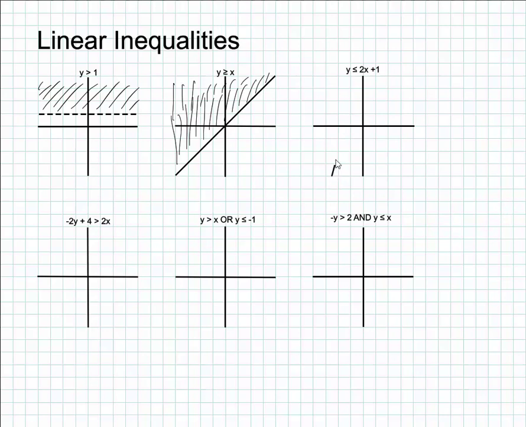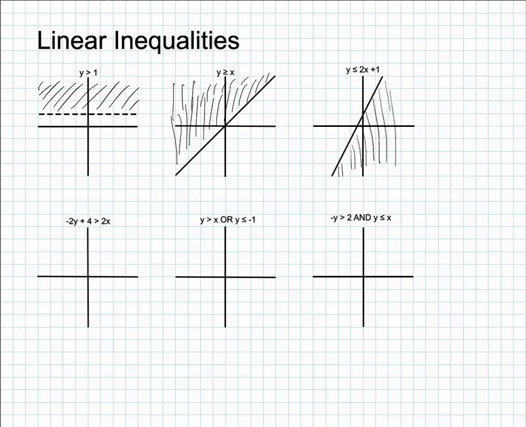So we can draw it like this. Now we just need to shade in the appropriate area of the graph, and that's going to be anything that falls below this line. And that would be the solution to that inequality.